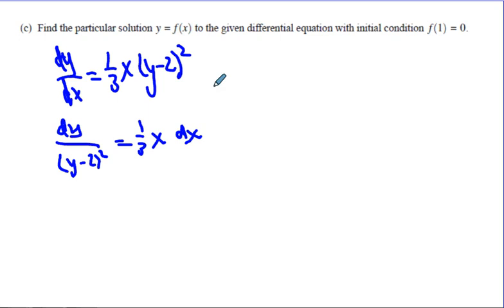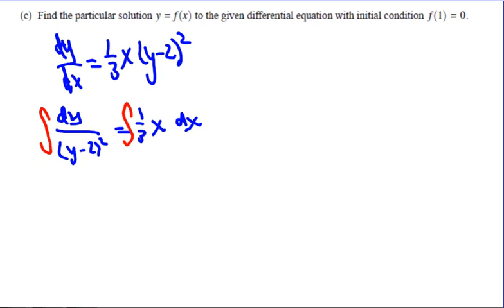All right, here's where we're going to integrate both sides. And when we do that, we're going to get, on the left side, negative 1 over y minus 2. Remember, this could be rewritten as y minus 2 to the negative second.